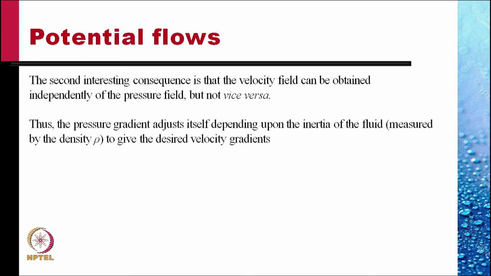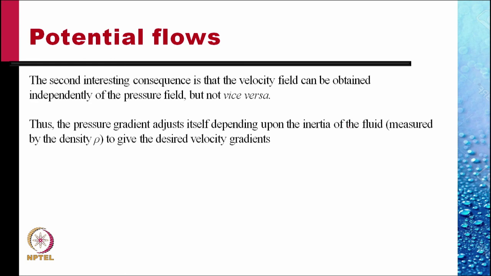We cannot solve the Euler equation to obtain the pressure field without knowing the velocity field. But we can solve the Laplace equation to obtain the velocity field without dealing with the pressure field.